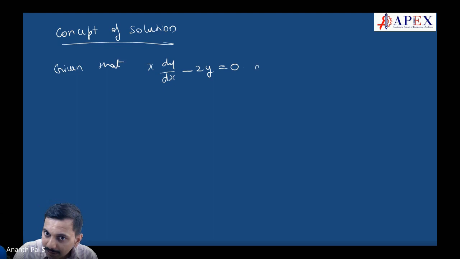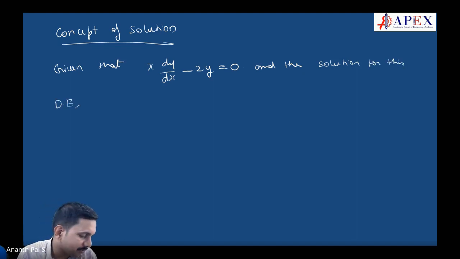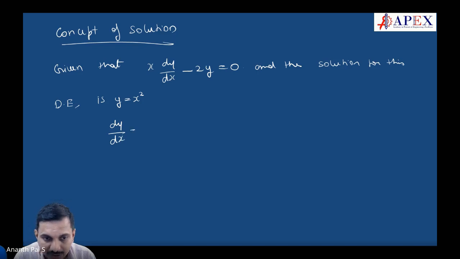And the solution for this differential equation is y is equal to x square. What does that mean? If I differentiate this, dy by dx is equal to 2x.